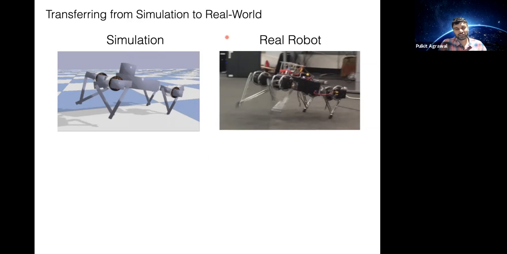I encourage all of you to look at this poll and answer it. The poll is asking: transferring policies from simulation to real world, is it easy or hard? If it is hard, why is it hard? Or if it is easy, why is it easy?